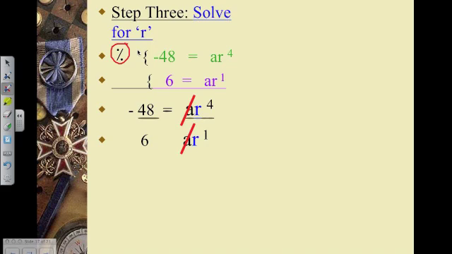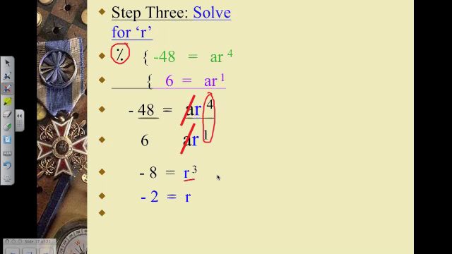Now my a terms cancel when you divide. Negative 48 divided by 6 is equal to negative 8. And when we subtract these exponents, because that is the rule for dividing powers, I have r to the power of 4 minus 1, which gives me a value of r to the power of 3.